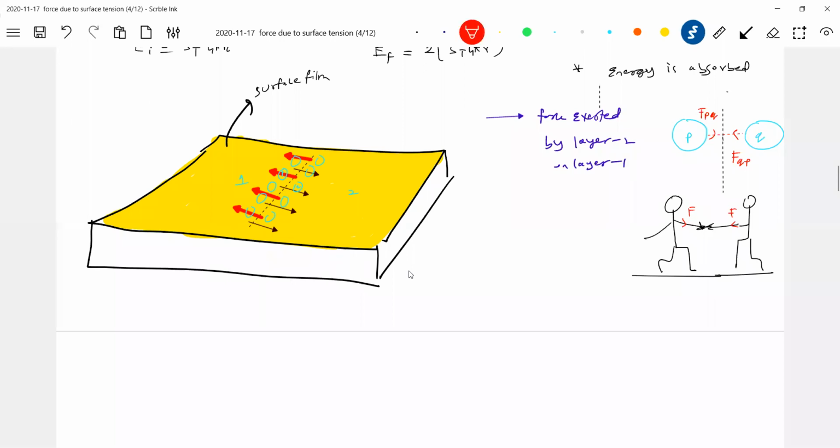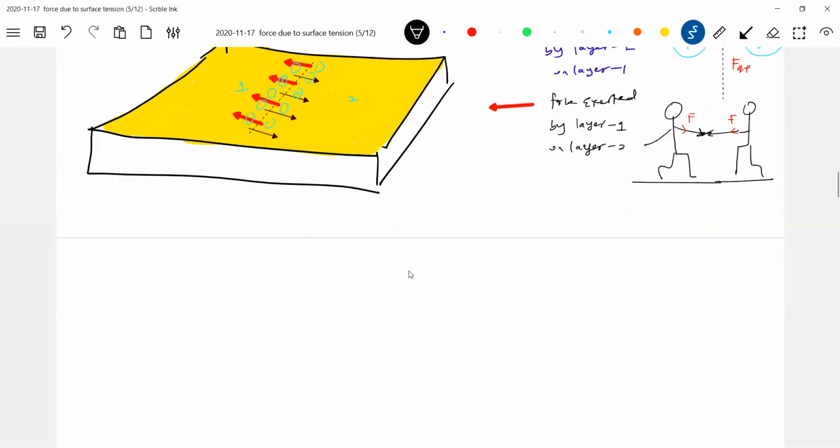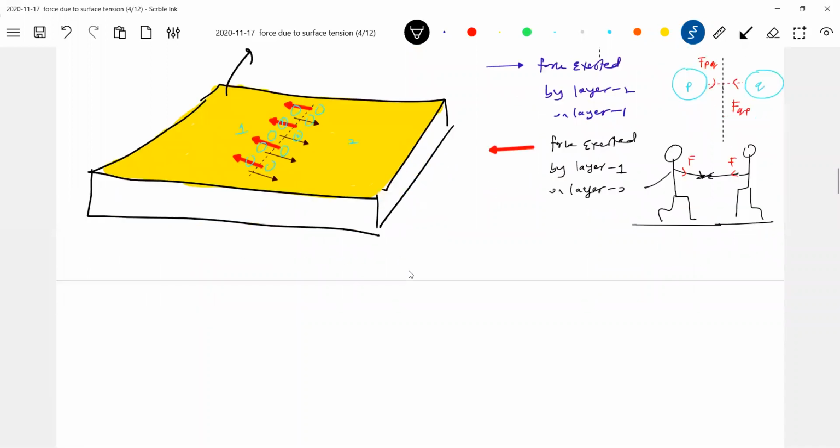What about this force? The force exerted by layer 1 on layer 2. Agree? So this is what happens here. If you see in the books, they have shown the same thing like this.